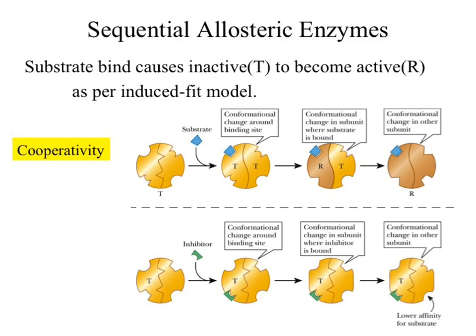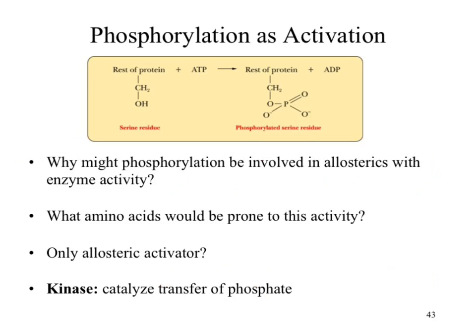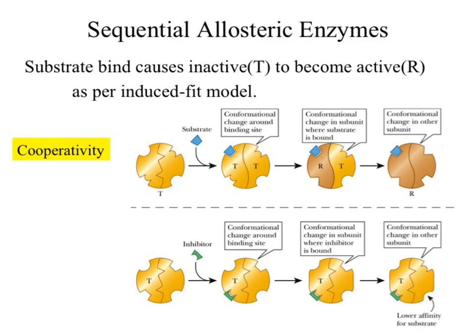That shift to the R form causes a structural change in the other half of our enzyme, changing it from the taut to the R form. Like hemoglobin. That would be positive cooperativity. The negative cooperativity is happening at the bottom.